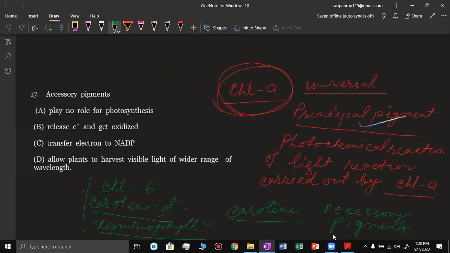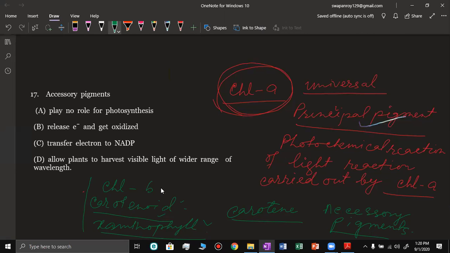They absorb light energy at a different wavelength, which the chlorophyll A cannot. So they can absorb more light from the different wavelength, and so help it.